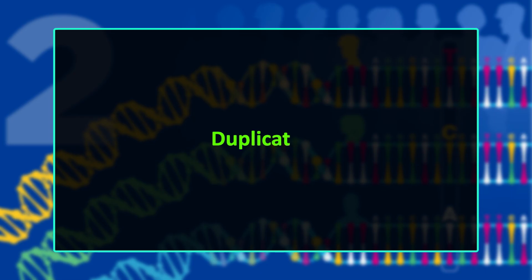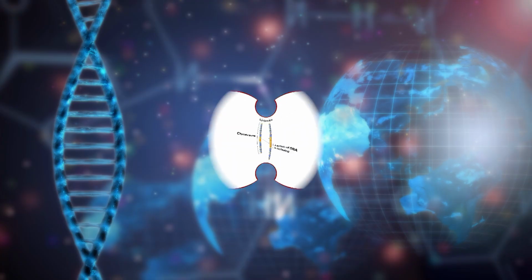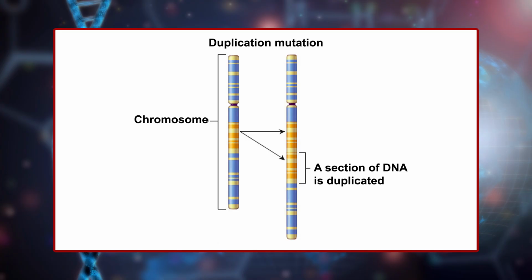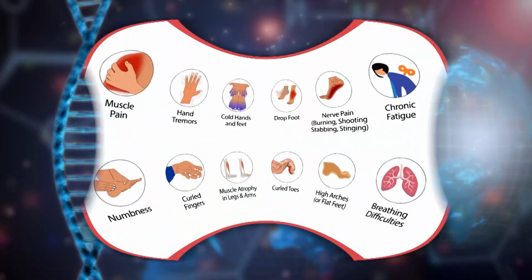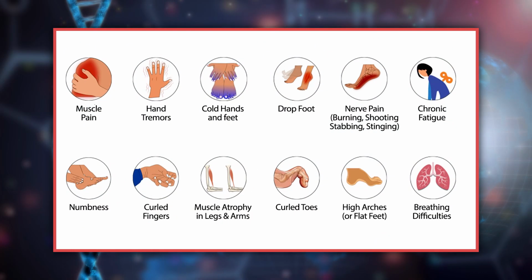Dear students, let's now discuss duplication. A duplication occurs when a stretch of one or more nucleotides in a gene is copied and repeated next to the original DNA sequence. This type of variant may alter the function of the protein made from the gene. The type 1A form of Charcot-Marie-Tooth disease is an example of an inherited human genetic disease that is caused by a gene duplication.